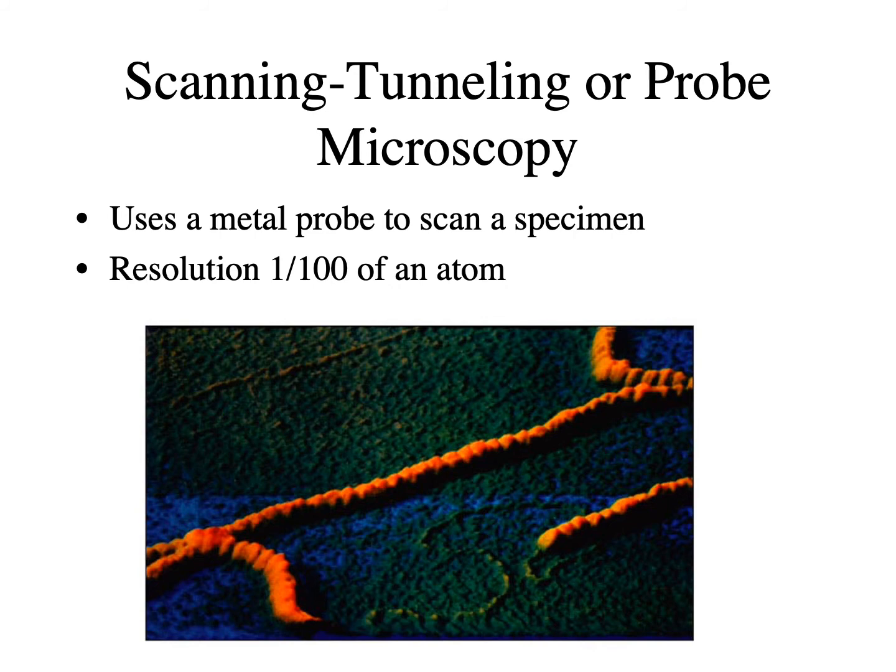How it works is it drags a very sharp metal tip over the surface of a specimen, kind of like a record player. And as that tip is moving up or down, a computer is going to generate an image based on how it's moving. And this is giving us incredible small detail, like 1/100th of an atom.